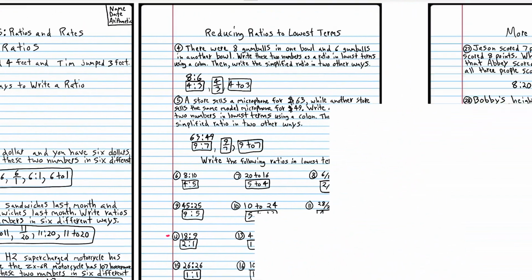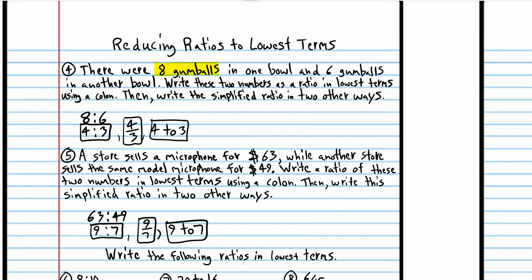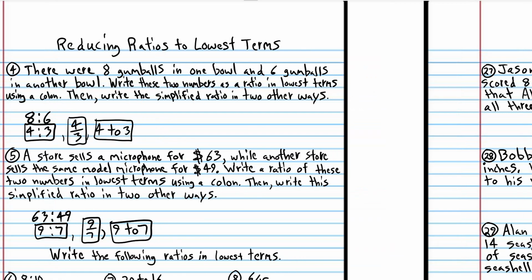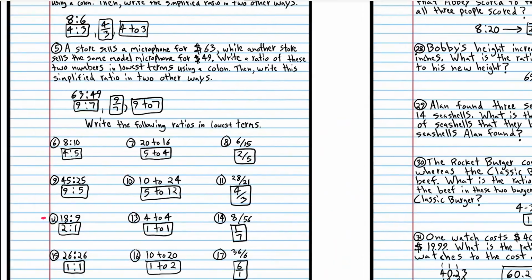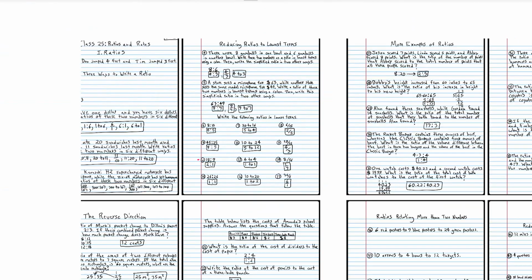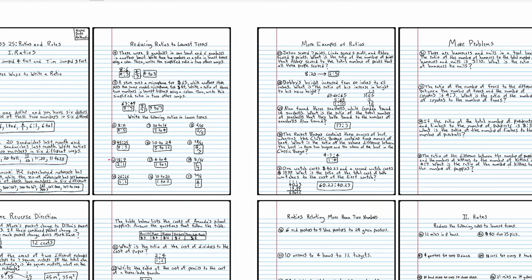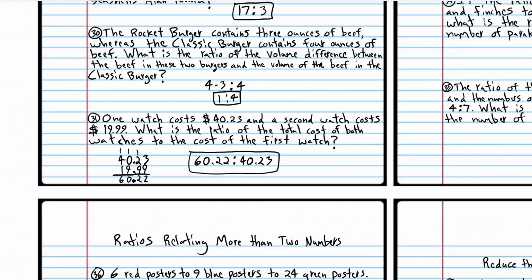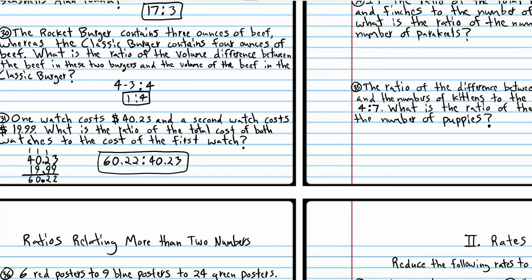And in the gumball problem, we had 8 gumballs and 6 gumballs. Same units, gumballs and gumballs. And the problem that we did just a moment ago, we had dollars and dollars. So as you can see, we always have the same units. Ratios are supposed to have the same units.